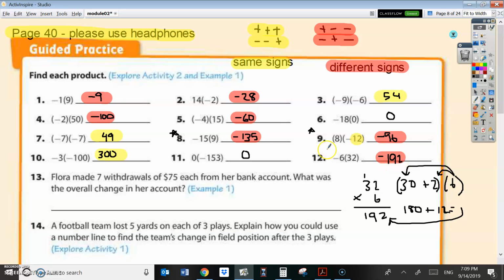Alright, let's check these first. Negative 9, negative 28, 54.